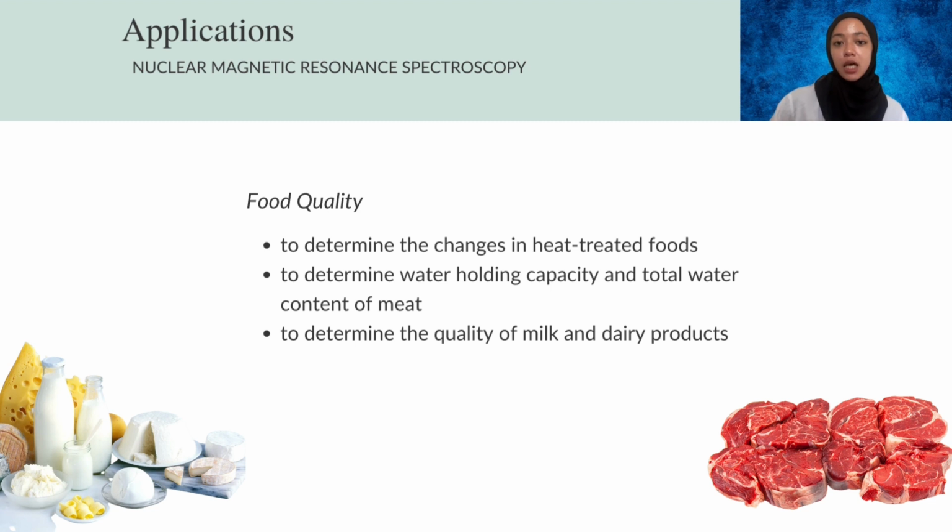In addition, nuclear magnetic resonance spectroscopy is a good method to determine the water holding capacity, intramuscular fat, and total water content of meat. Another field where NMR spectroscopy is successfully used is milk and dairy products.